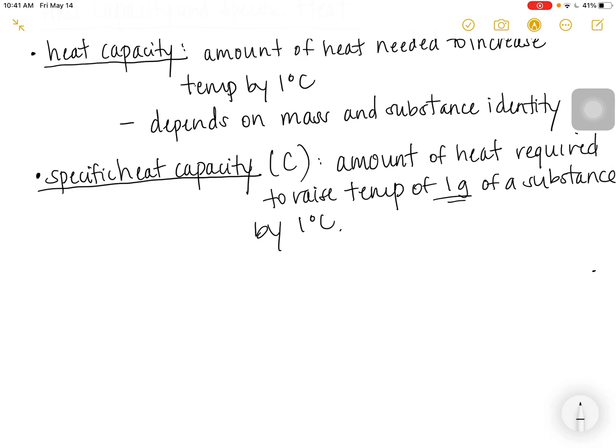So your specific heat capacity is defined as the amount of heat required to raise the temperature of 1 gram of a substance by 1 degree Celsius.